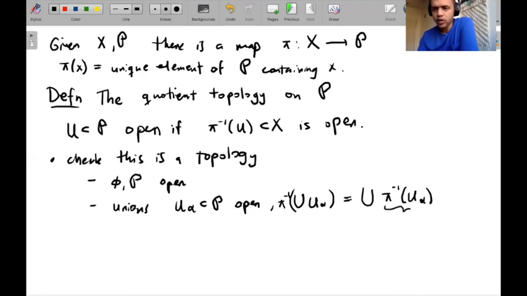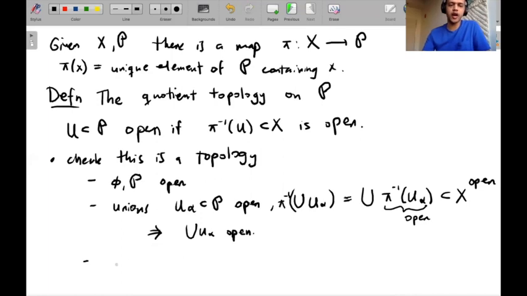This is a union of open sets in X, so it's open. By how we've defined things, the union of the U alphas is open. So the axioms follow in a straightforward way from how we define things and from X being a topological space. Finite intersections are similar.